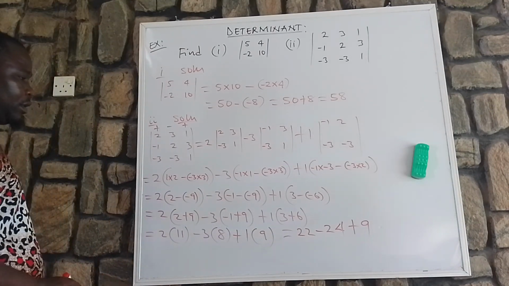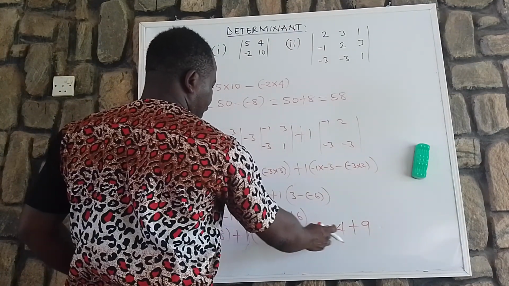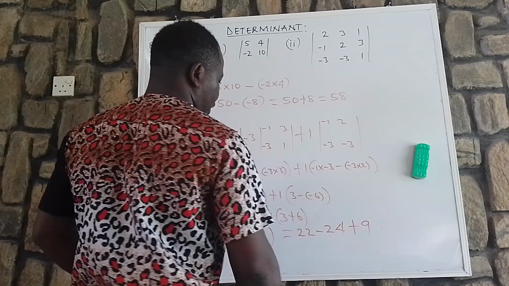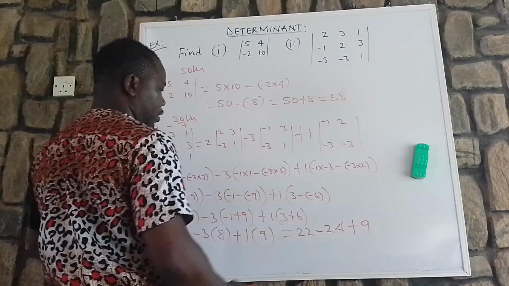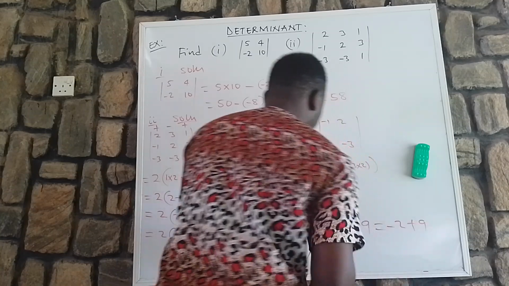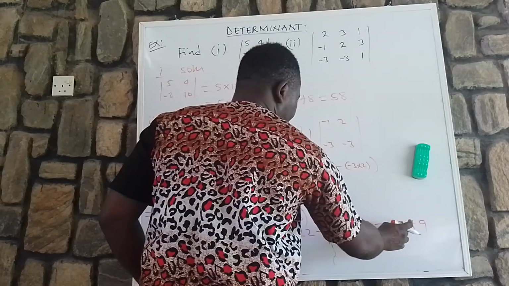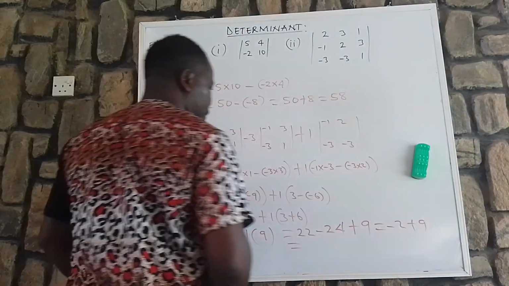So here 22 minus 24 will give us minus 2, sorry. So here is going to be minus 2 plus 9, which is going to give us plus 7, isn't it?